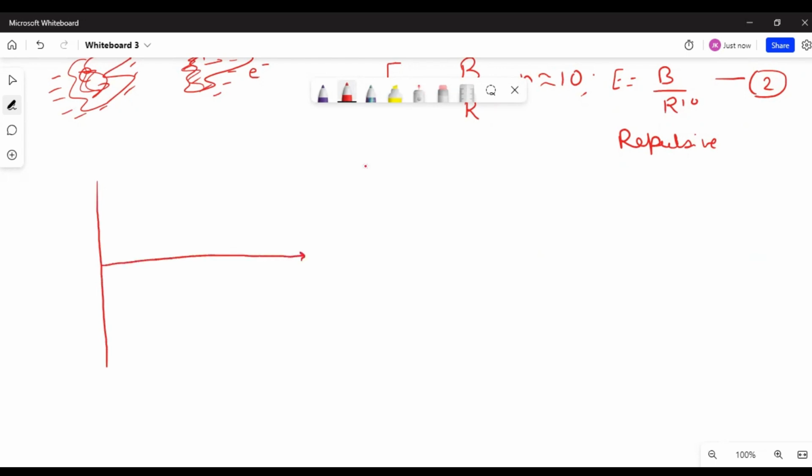this is R on the x-axis, and on the y-axis we have energy. Now there are terms: plus 1.4 electron volts, which we got when we added plus 5.1 electron volts and negative 3.7 electron volts.